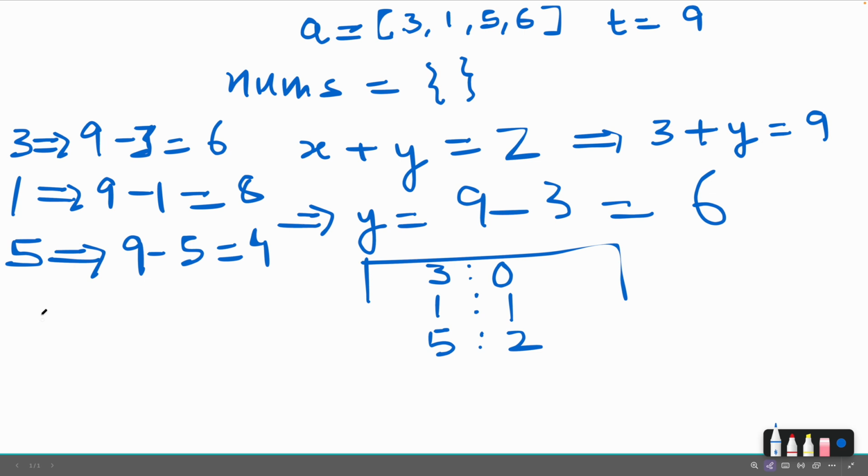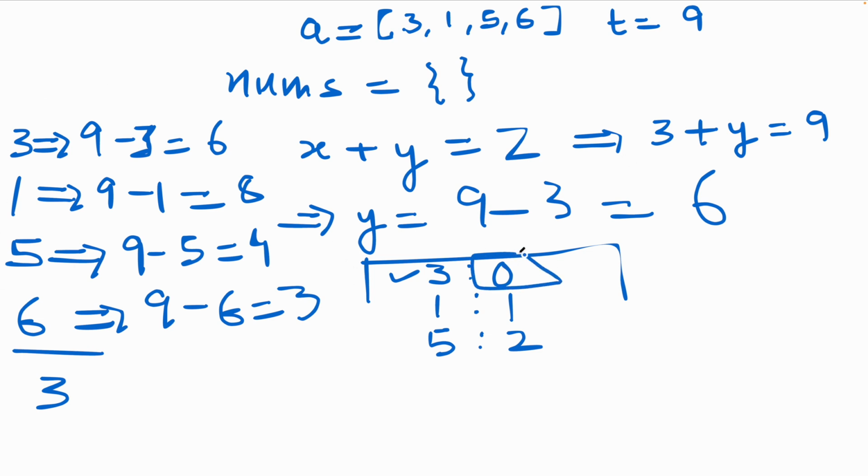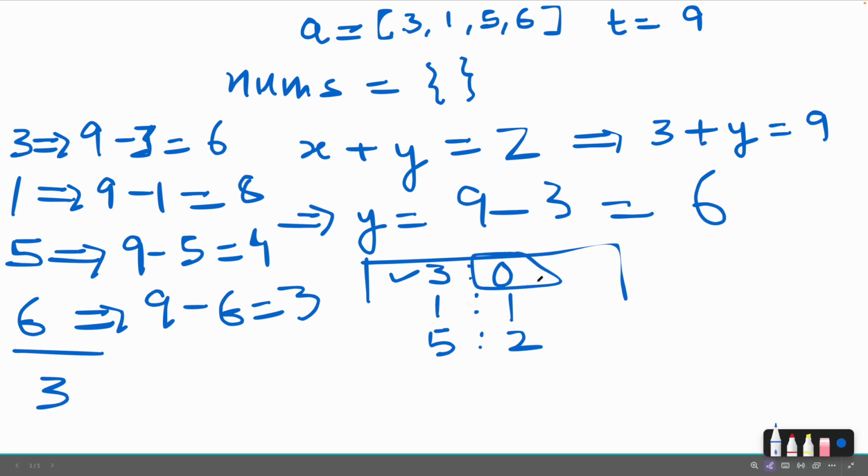Now at index position 3, we have 6, which is our fourth element, and we do 9 minus 6 and we get 3. If we check the dictionary, yes, it does exist, which means the 6 at index position 3 and the 3 at index position 0 are our output. So we get the index position from the dictionary and the current index position, which leads to the output of 0 and 3.